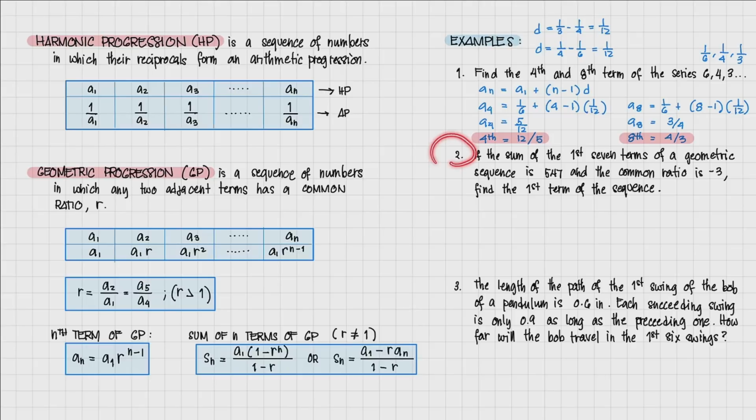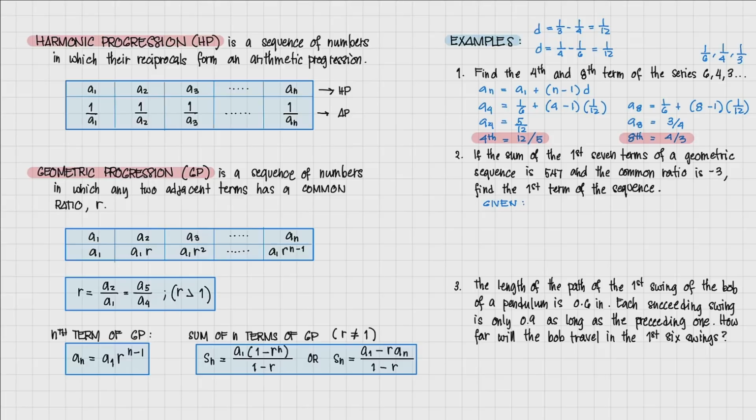Example number 2: if the sum of the first 7 terms of a geometric sequence is 547 and the common ratio is -3, find the first term of the sequence. From this, let's write down our given.